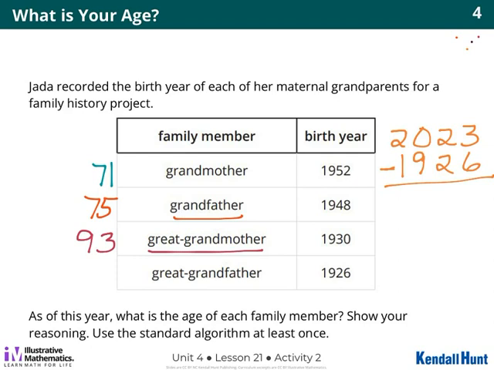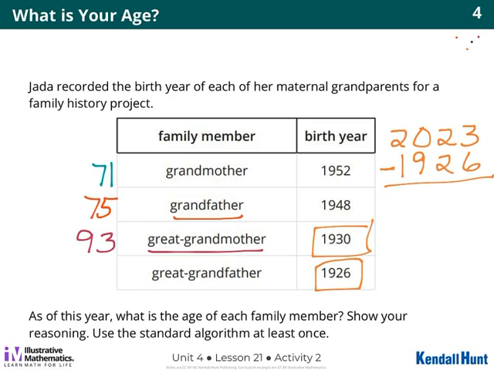So 4 years older than great-grandmother because he was born 4 years earlier. This one you probably could have figured out without subtracting because you could just think about the problem before, right? But you could check with your algorithm.